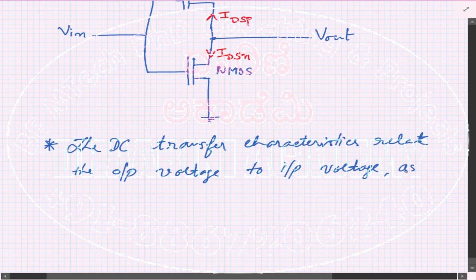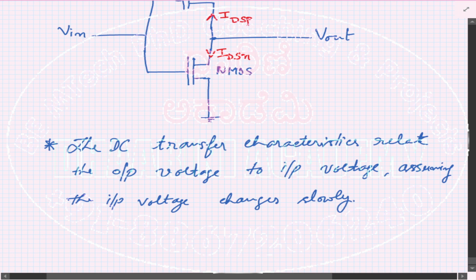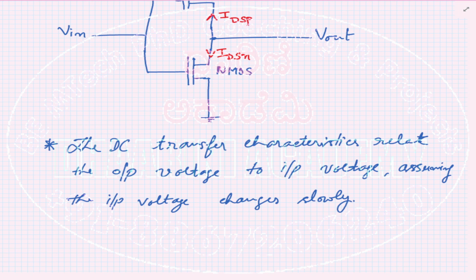There is an assumption: the input voltage changes slowly. This means you cannot expect a very fast varying input signal. The input signal should vary very slowly.